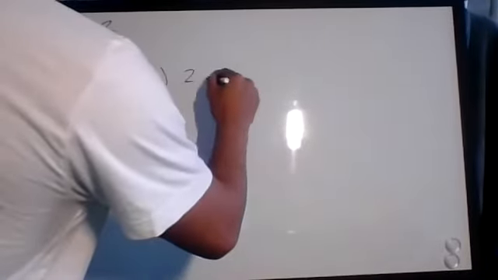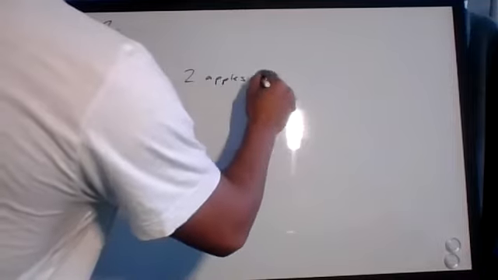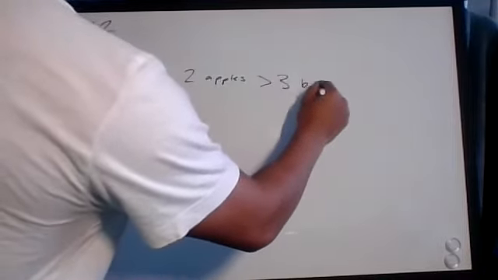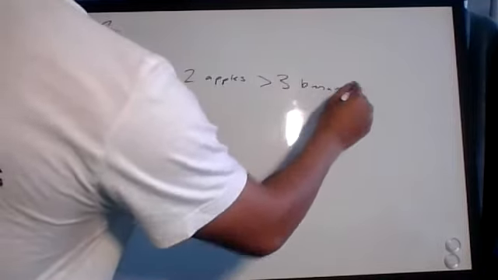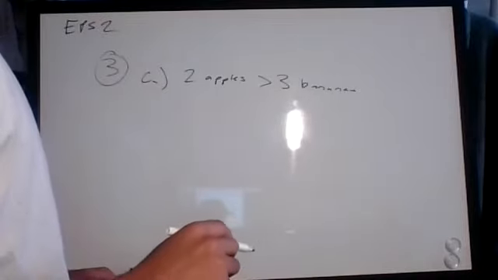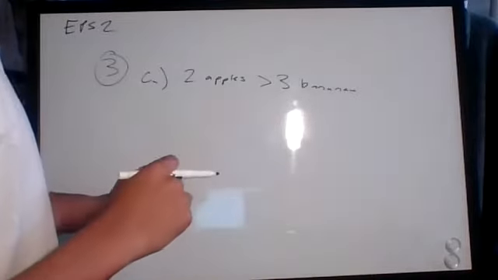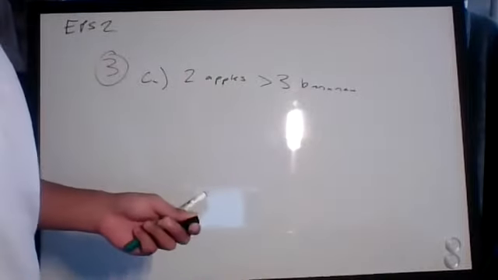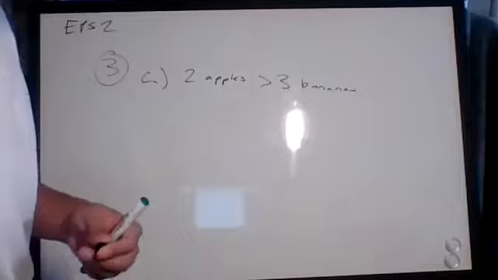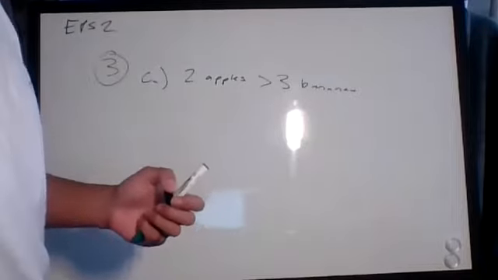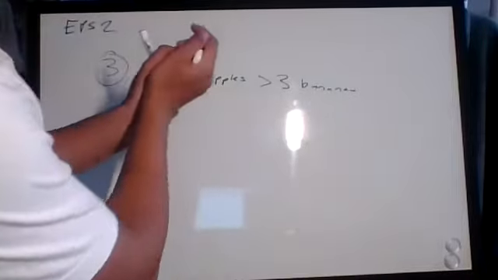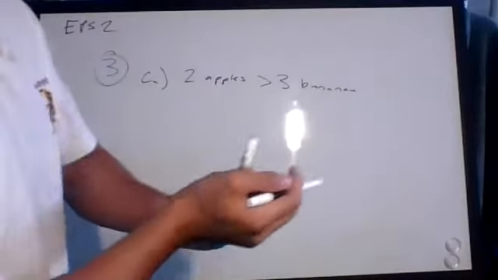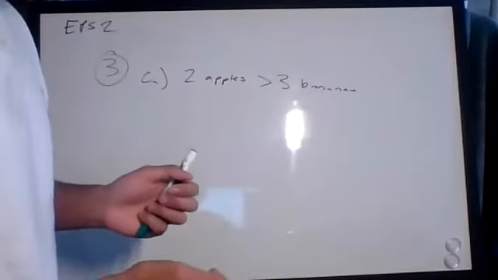And you basically want to show that I prefer 2 apples to 3 bananas. In this situation, I think the easiest way to think about it is in terms of a perfect substitute equation, where you either have 2 apples or you have 3 bananas, and you want to see which is better.